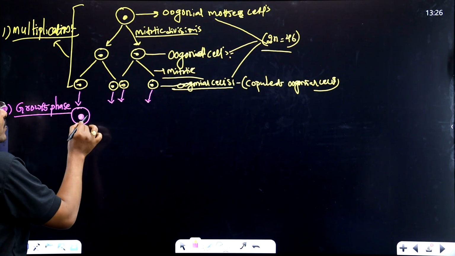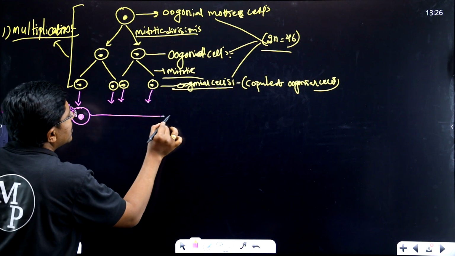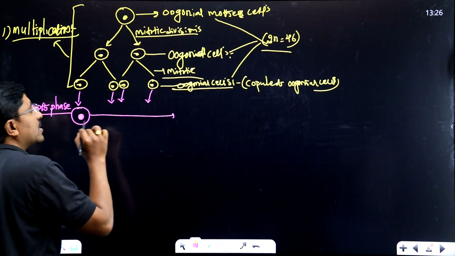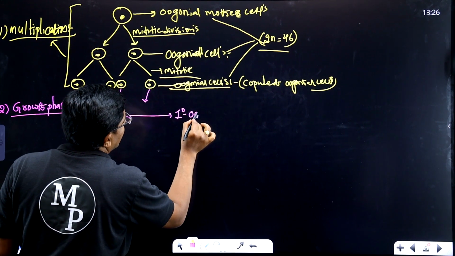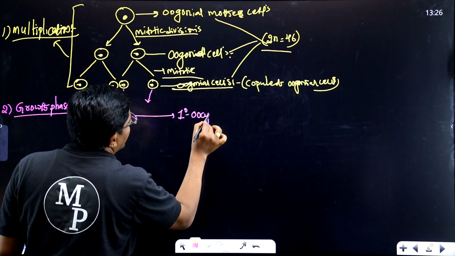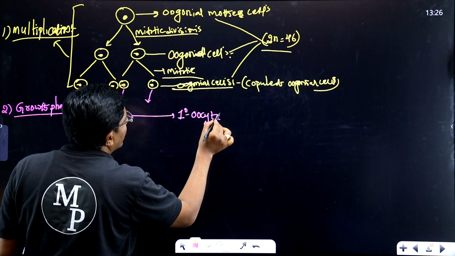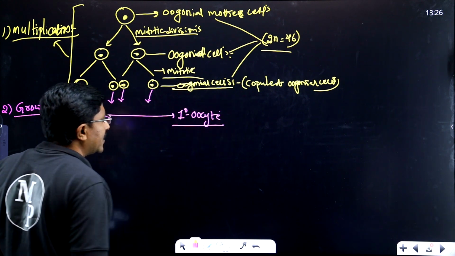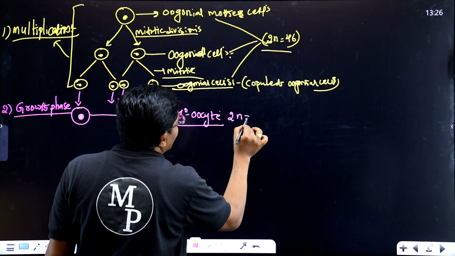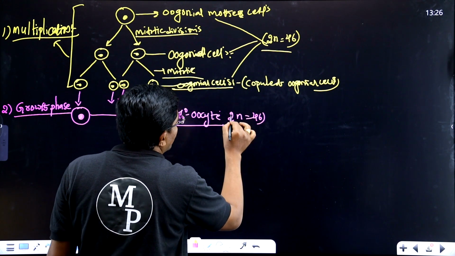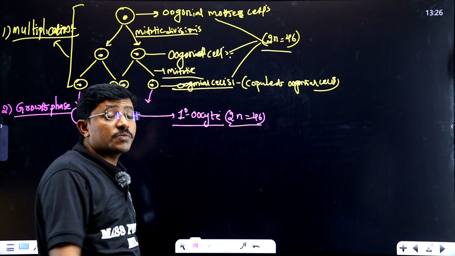After completion of the growth phase, the enlarged oogonial cell is called the primary oocyte. Very important: it is the primary oocyte.